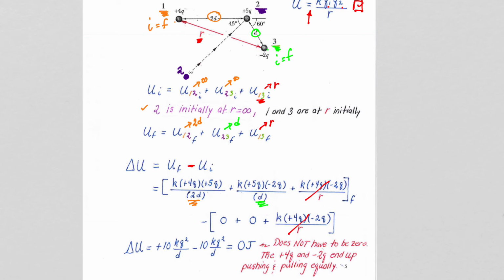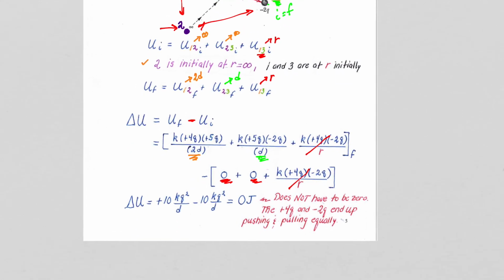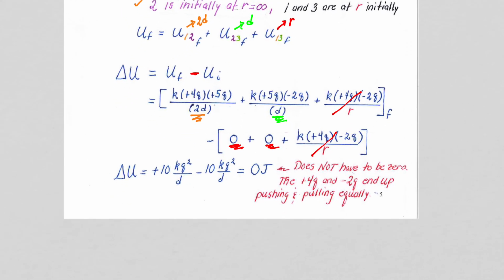Now, since we have little r equals infinity, notice we lose the initial potential energy joule value for particle 2 when it's out here at infinity, because that distance is infinity. Now, when we plug in our numbers, we get a somewhat interesting, somewhat fortuitous result, that when we take the delta U, we end up getting 0 joules.